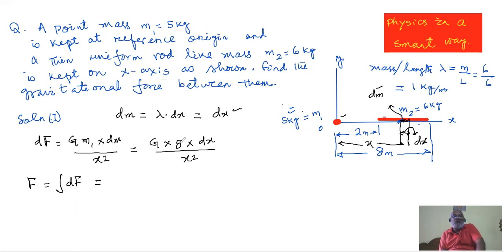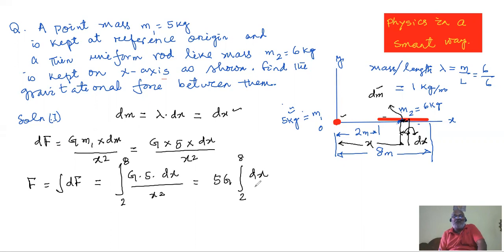But first of all, we put in the value that is g into 5 into dx by x square, integration of that. And because x has already come in, we know the limit of x, lower limit is 2, upper limit is 8. Unnecessary quantities like 5g and all those things, they are constants. They can be taken out. So that is integration with limit 2 to 8, that is dx by x square.